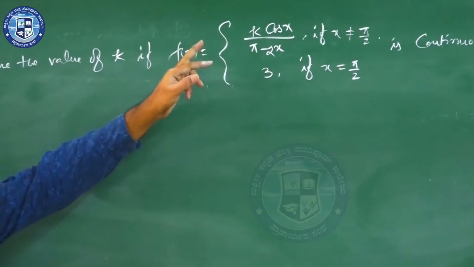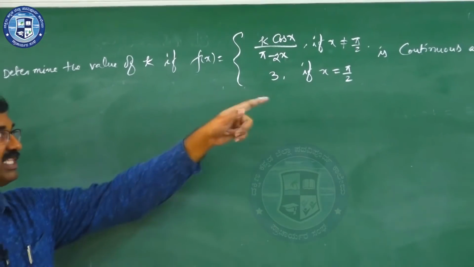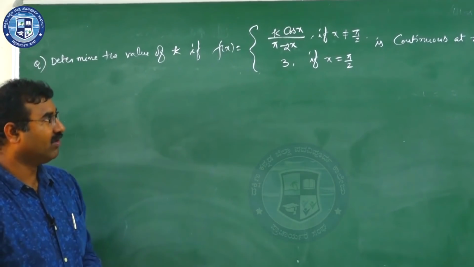Now you need to find the value of k so that the function is continuous at x equal to pi by 2.